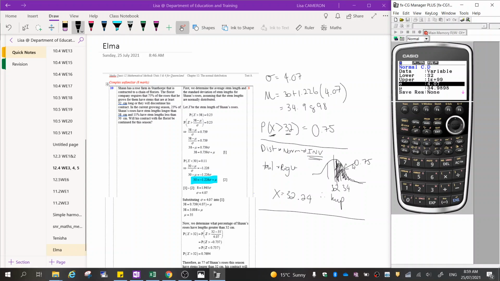Now, what we're looking for here is the probability. We're testing this statement again. So either you can test the values that go in here or you can test this here. This will tell us the probability of getting a flower that is greater than 32 in the stem. Obviously we want it to be greater than the probability we're given over there.